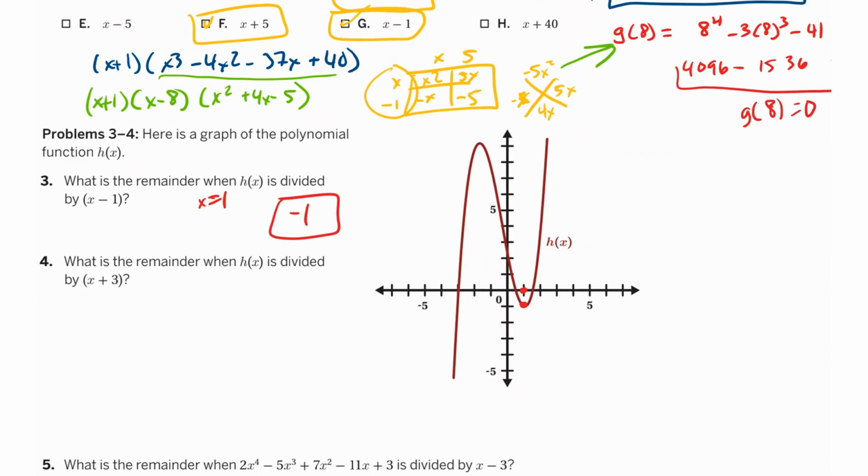For 4, what is the remainder when h of x is divided by x plus 3? Well, that would be when we plug in negative 3, which gives us a remainder of 0. So really, what we know about the remainder theorem is that if we plug in the number that would make this 0, it will spit out what our remainder would be.